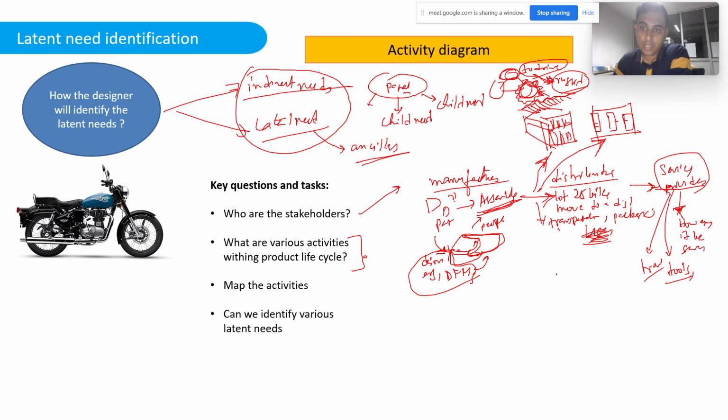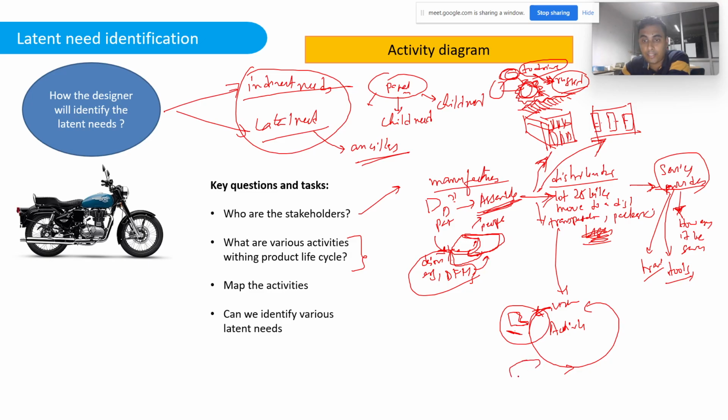Similarly, when the product comes to the user, there is also a product life cycle, with various activities, of how a user uses a particular product. The user uses a key to start, or a kick to start this vehicle. This is the initial phase. Then how will the user ride? If it is a female, how will she access the seat?